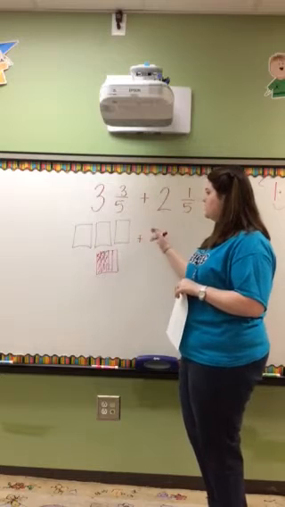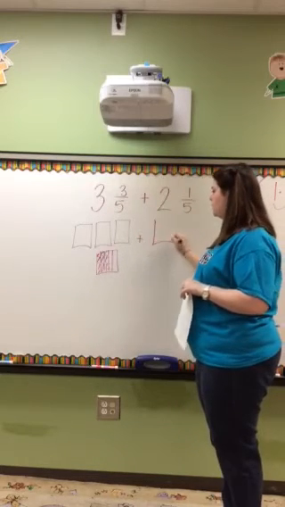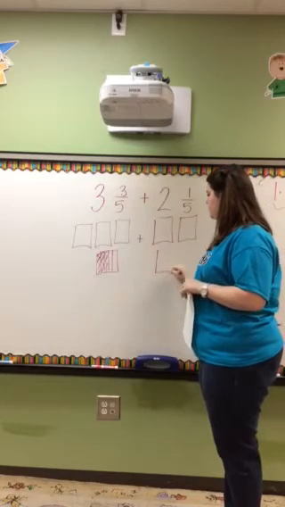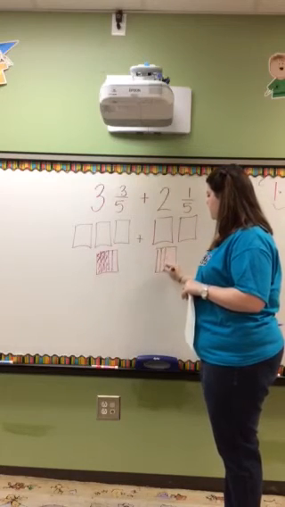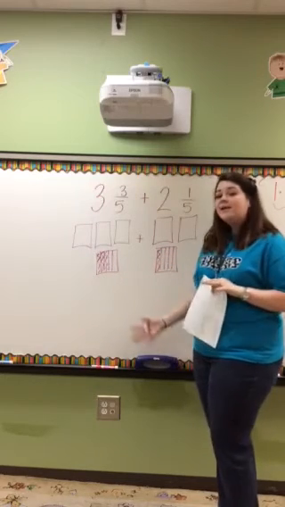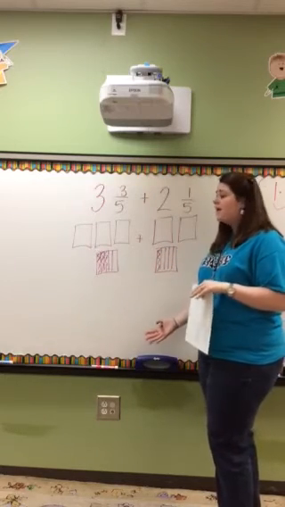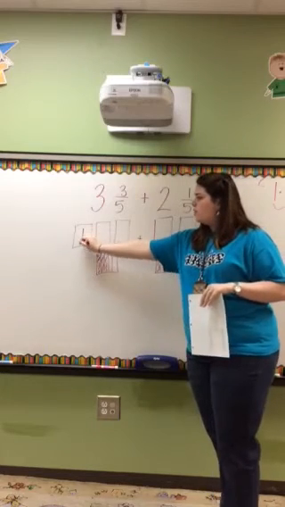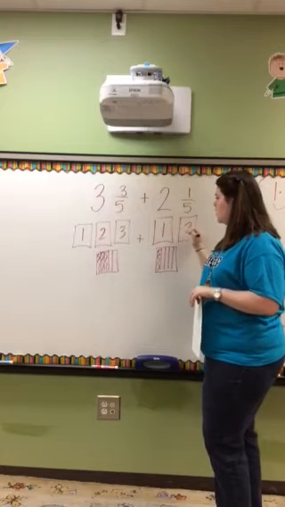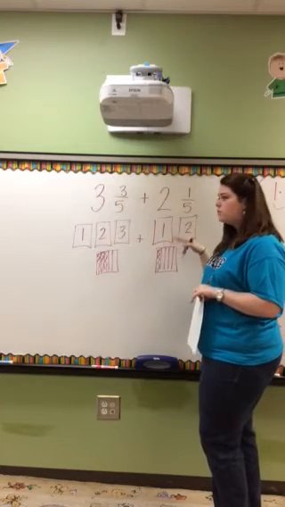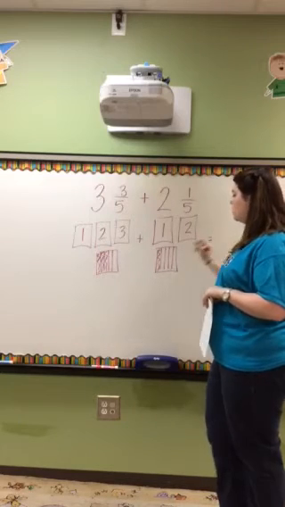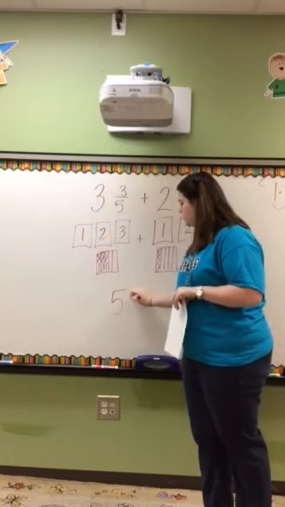And I need to add this to 2 wholes and 1/5. Okay, so now I can add the pictures that are alike. Here I have 1, 2, 3, and 1, 2, my wholes. So total, all of the wholes that I have would equal 5 wholes.